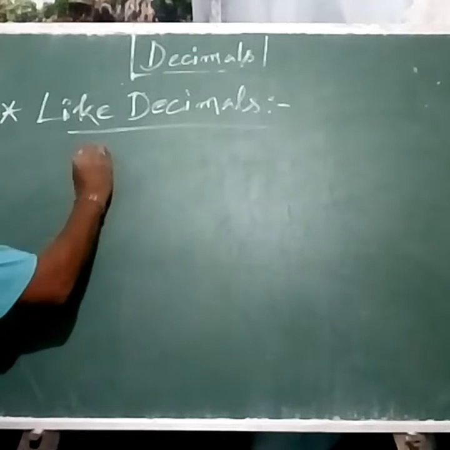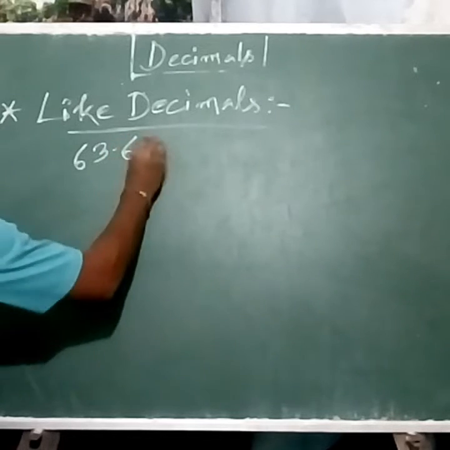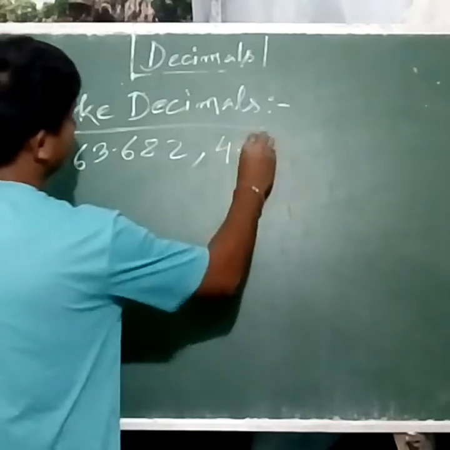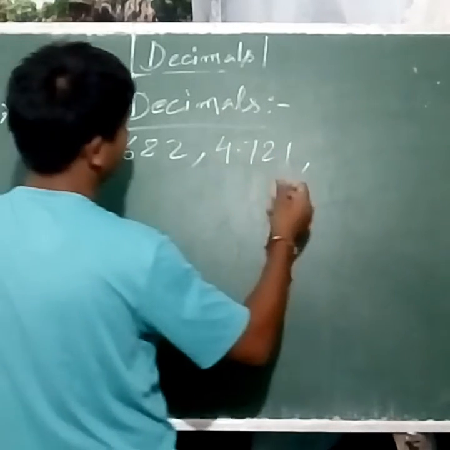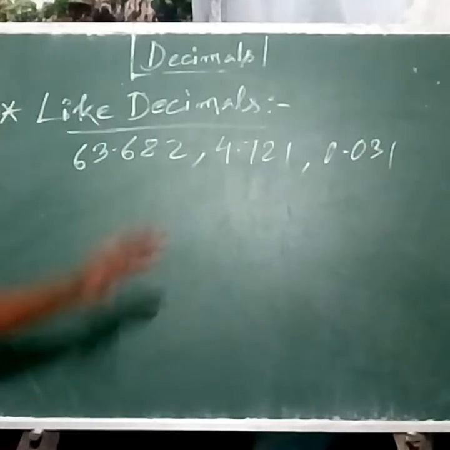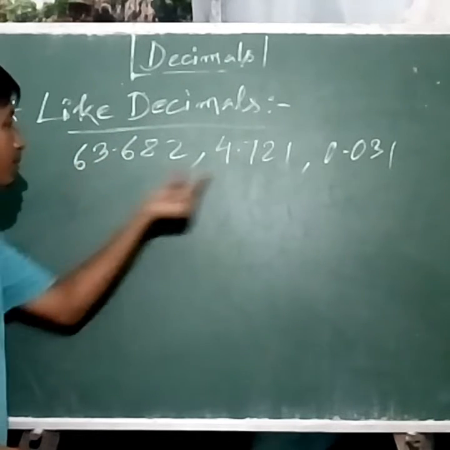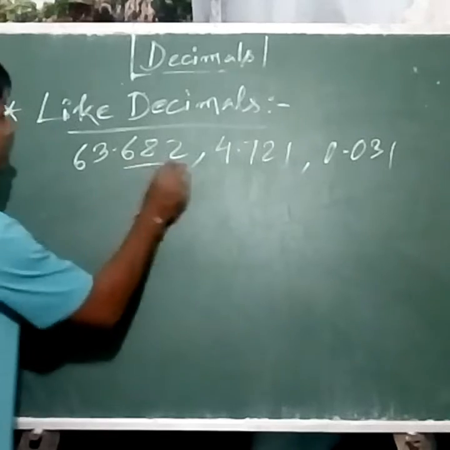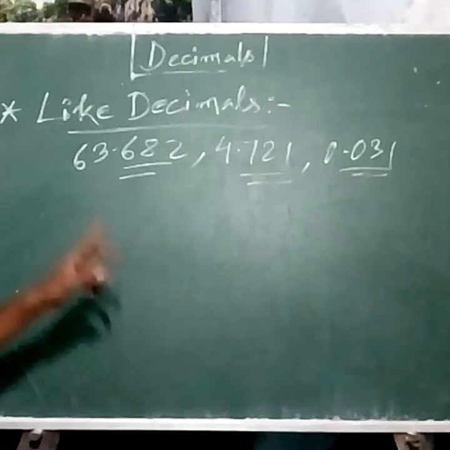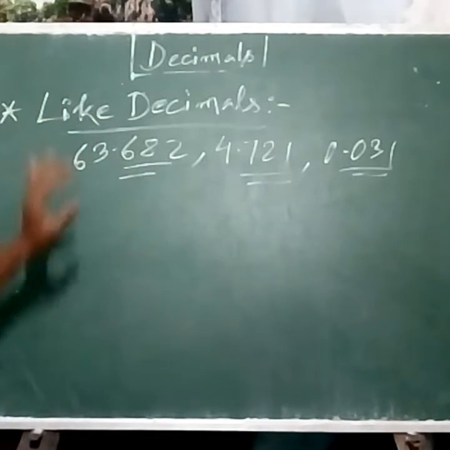If I say 63.682, 4.721, or 0.031, you don't have to check the whole number part. You have to see after the decimal point how many places there are: 1, 2, 3. Here also 1, 2, 3. Here also 3 places. So these are like decimals.